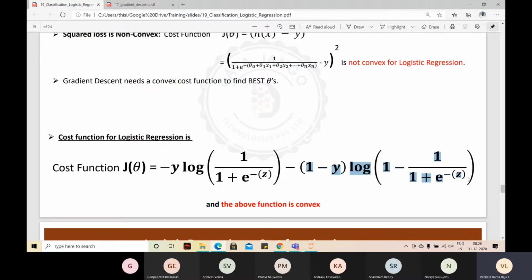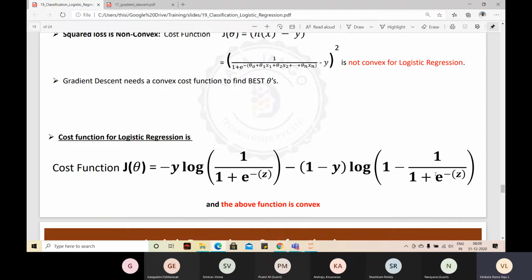For the records with y value 1, this is the cost function. For the records with y value 0, this term stays: minus log 1 minus h of x is the cost function for zeros. So we combined both and got a cost function that is convex.